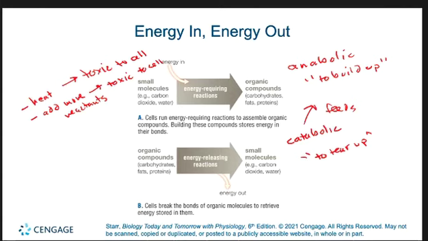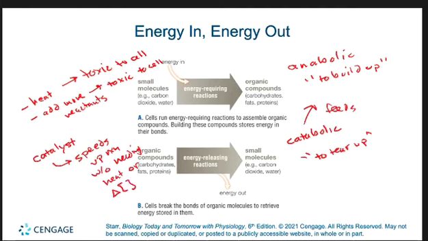So the way that we get around this in living systems is to use something called a catalyst, which speeds up a chemical reaction without needing heat or changes in concentration.